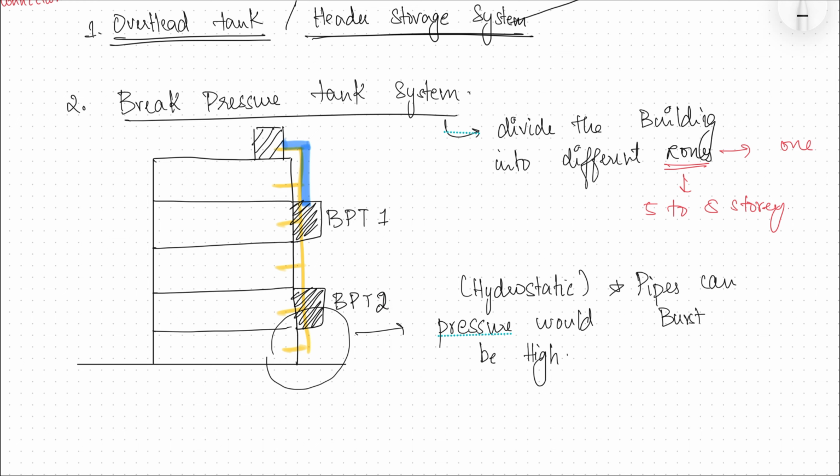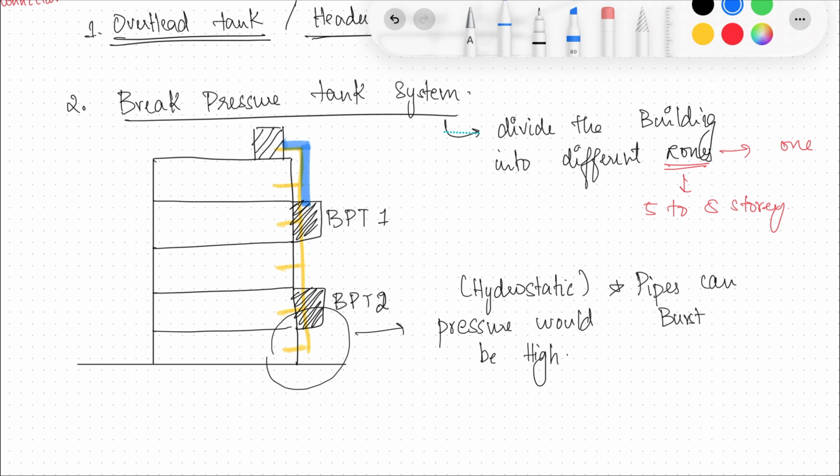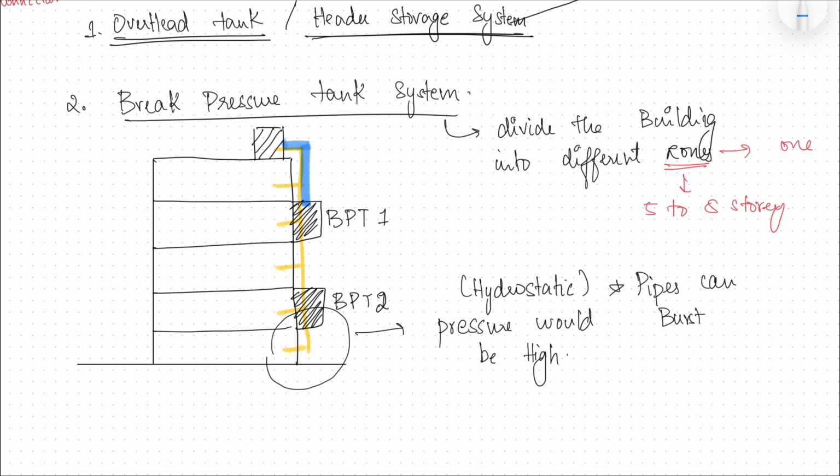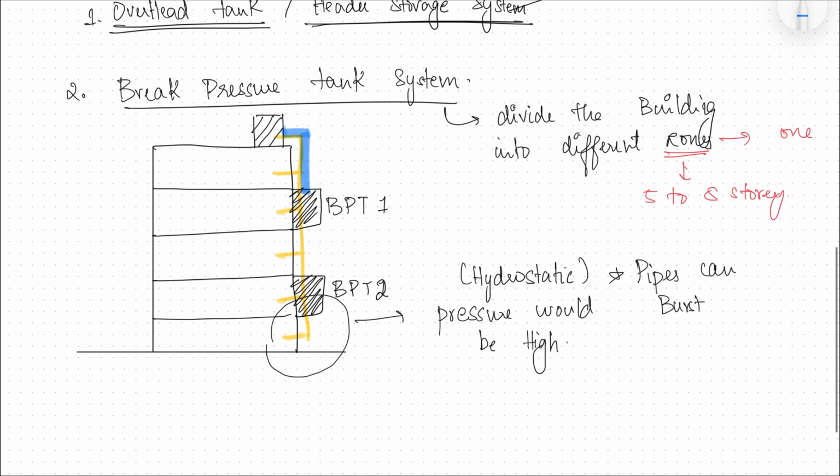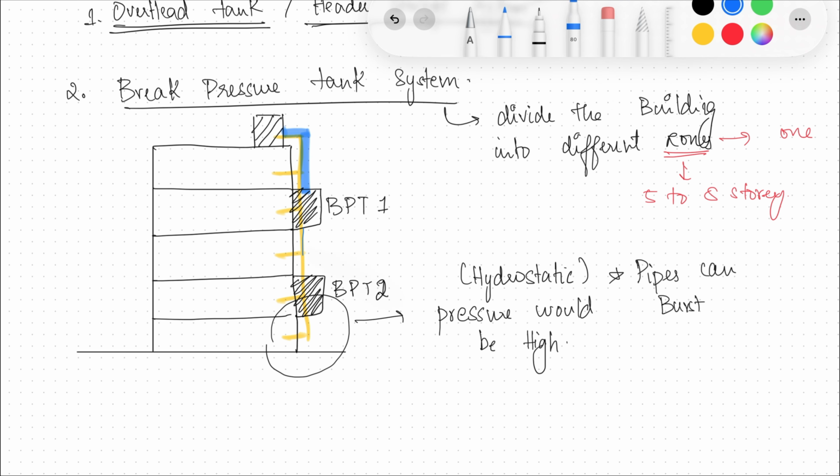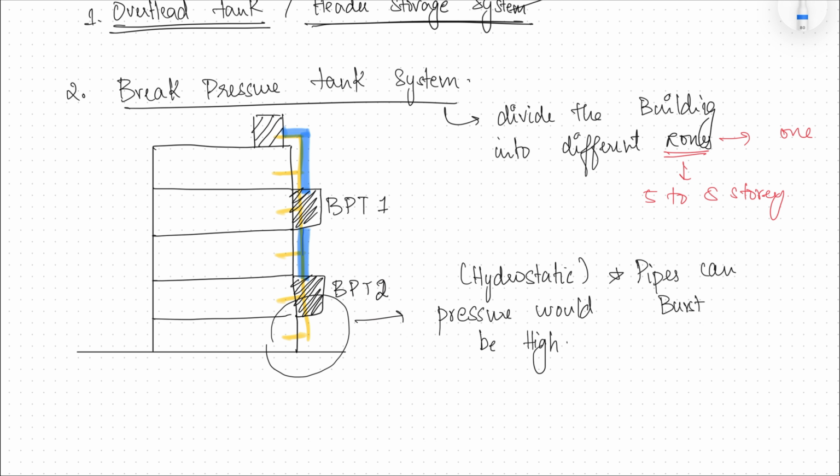So your BPT1 regulates and maintains the pressure and lets it pass through the pipe again, and the BPT2 receives the water which is at a high pressure again, reduces the pressure again, lets it flow to the bottom floors. Okay, and then it is supplied.